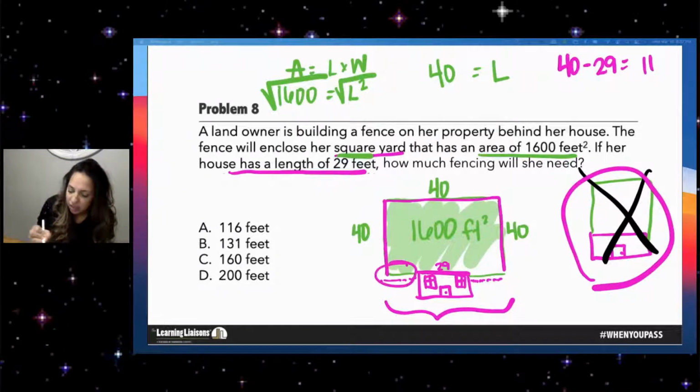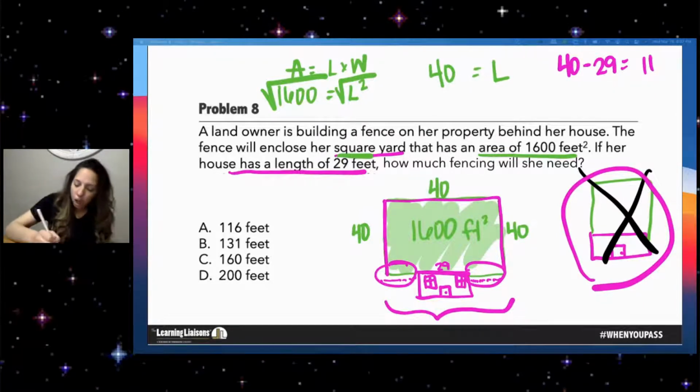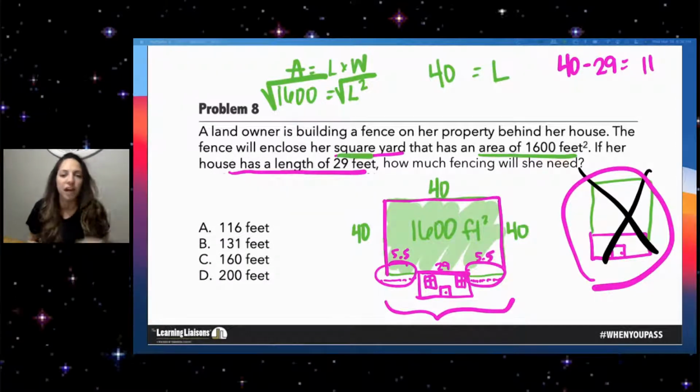That means that this much and this much has to equal 11. So I don't need to figure out that this is 5.5 and 5.5 because 5.5 plus 5.5 is 11. I don't need to know that because it doesn't matter, because the house plus 11 feet of fencing, no matter how you slice it, is going to give us that missing side of the square.